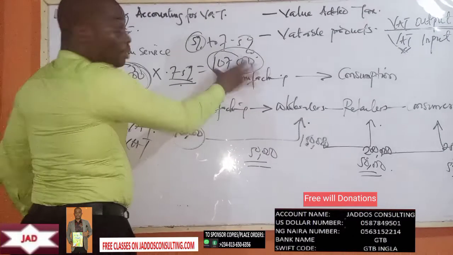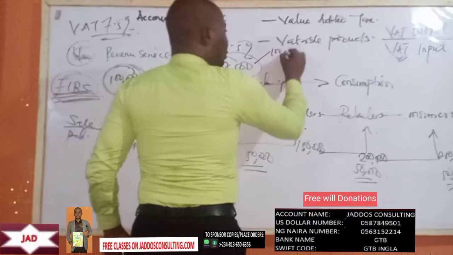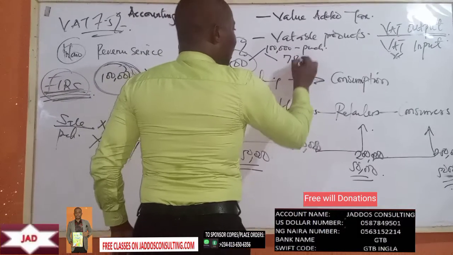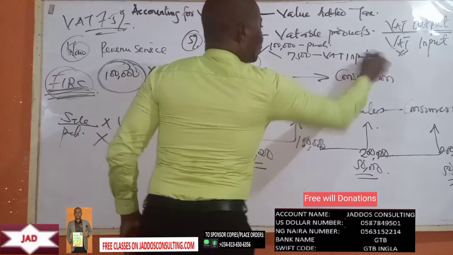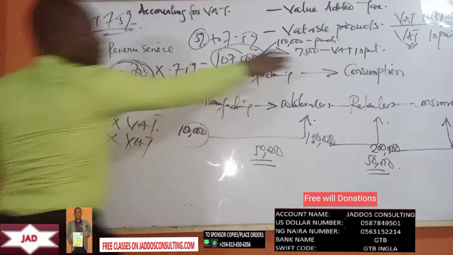In this 107,500, you have 100,000 as your purchases, and 7,500 as your VAT input. So this means that you have more like a credit.